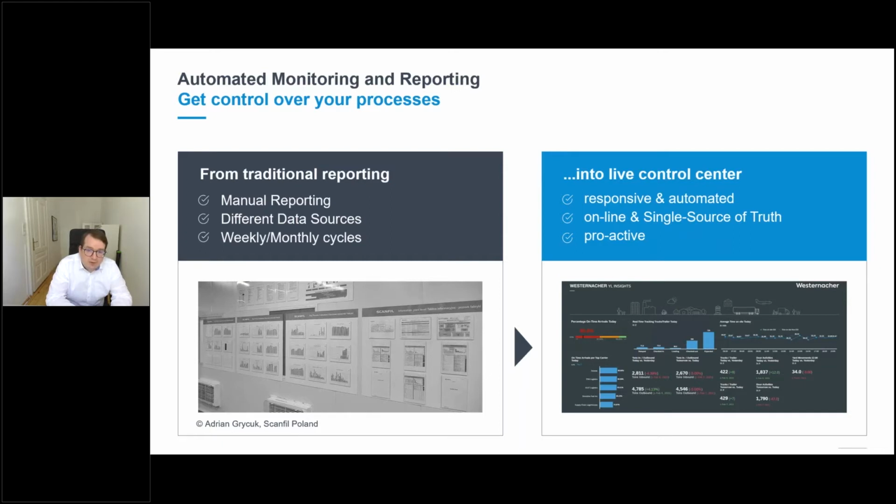If you have this automated data gathering, and if you're using automated reporting like our Westernacher Insights here in this example, you could transform into a live control center. So everything is responsive and automated. So there is actually the first benefit.